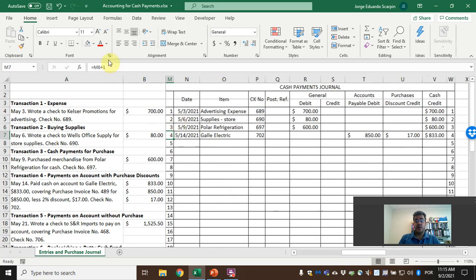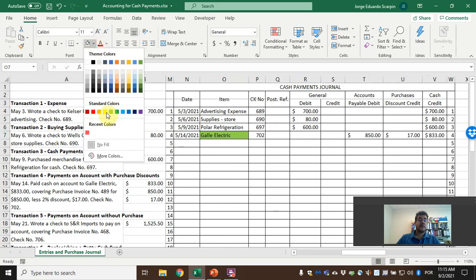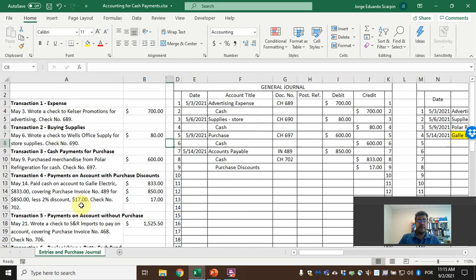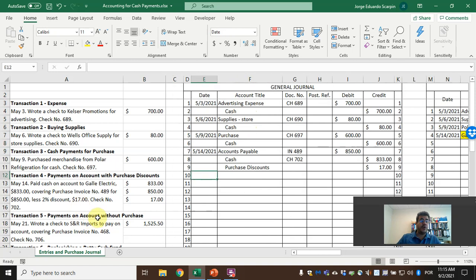So here, let's add a yellow here. And transaction number 5. Transaction number 5, payment on account without purchase discount. May 21st.